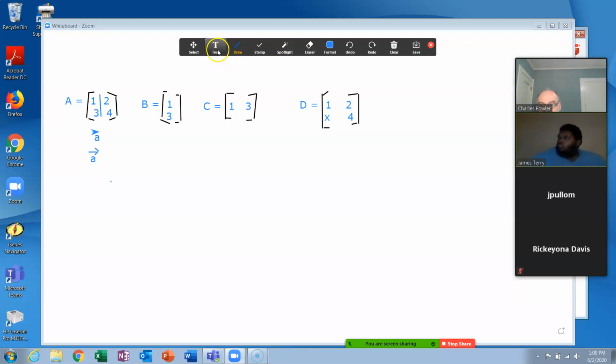This time I'll just do it like this. I think I have to go back to text. Okay, and do A, and this is supposed to be a sub 1 that I forgot to do. It's supposed to have an arrow over it. I can't do that. Then do our vertical line. I'm going to skip a couple spaces and then do an A2. That's supposed to be a subscript.